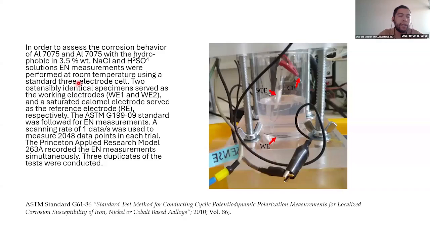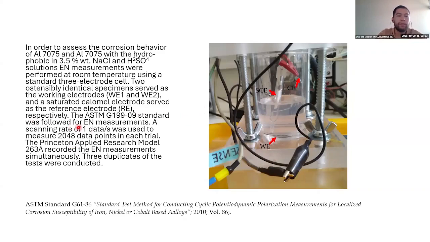The electrochemical noise was realized in 3 electrode cells with two nominal identical electrodes, according to the standard ASTM G199, and the potentiodynamic polarization was performed with 3 electrodes, but we did not use nominal identical electrodes. We employed a cell like this one with a counter electrode.